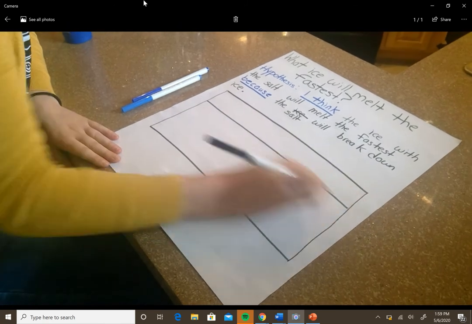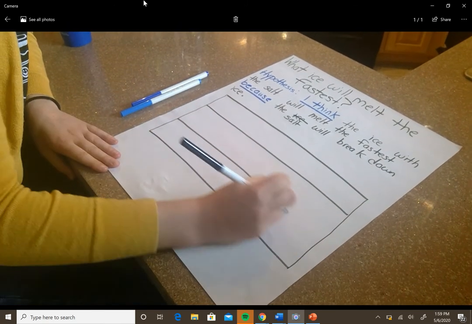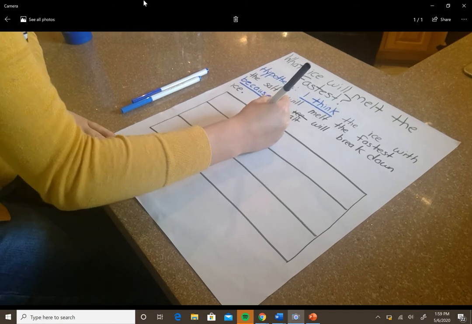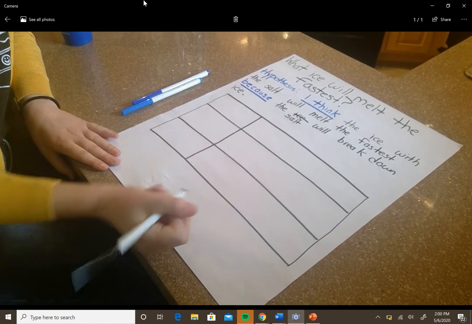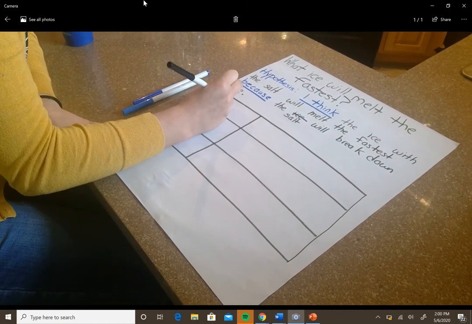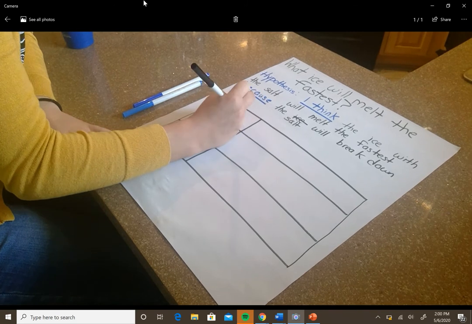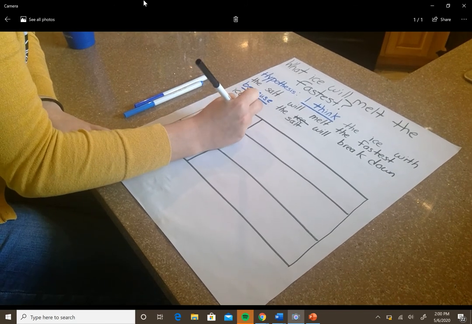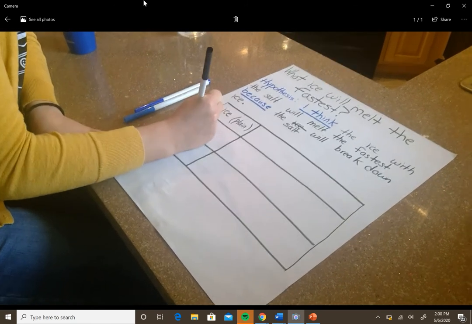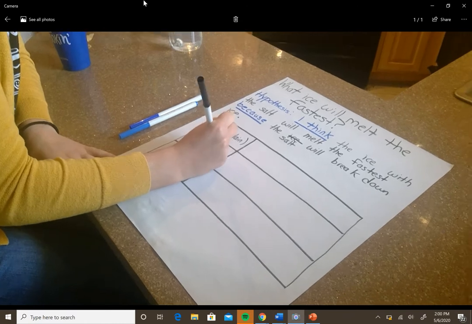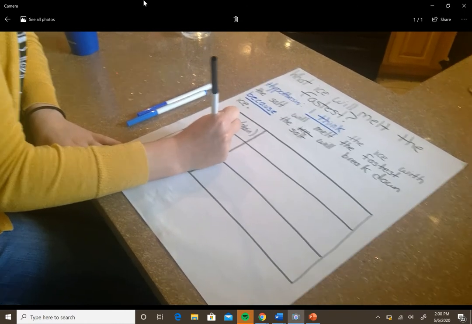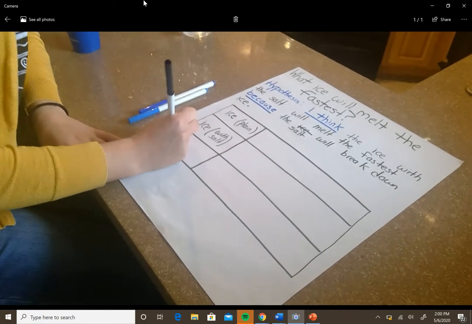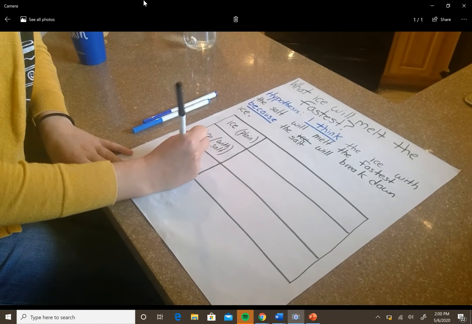So lengthwise, I'm going to do sections of 3. And then I'm going to draw one line here. And I'm going to write ice. I'm just going to put plain. That's our ice that's going to have nothing. Then I'm going to put ice with salt. And then ice in water.